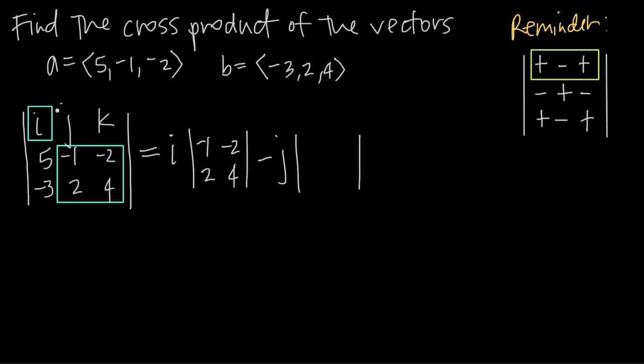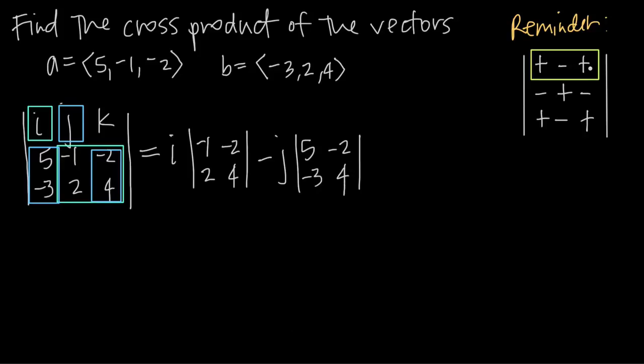So if we say that J here is in the top middle, we take everything that's outside of the same column and the same row as J. So that's going to be these two values and these two values that are outside of the row and column with J, and we transfer those to this 2 by 2 matrix. So we get 5, -2, -3, and 4.